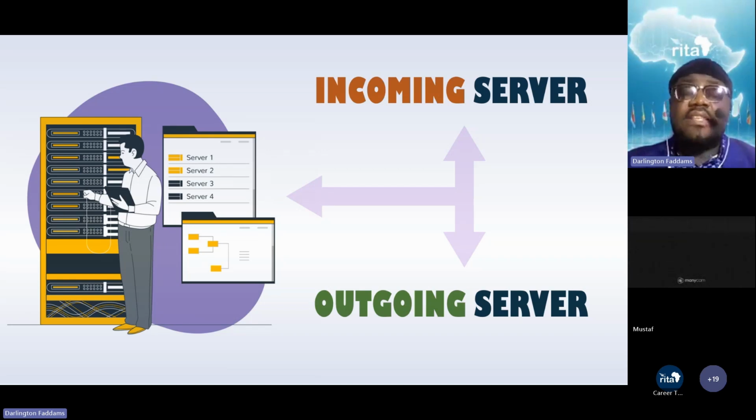And the section of the server for receiving emails is referred to as the incoming server, or what we call incoming mail server. If you can get this understanding, then you have completed the first step in this particular training. Knowing that we use email servers and they have the incoming mail server and the outgoing mail server.